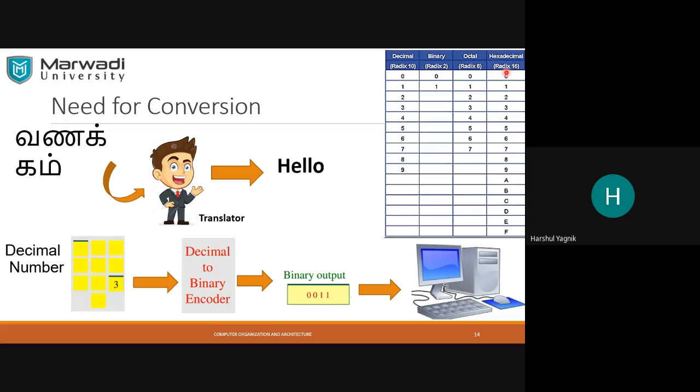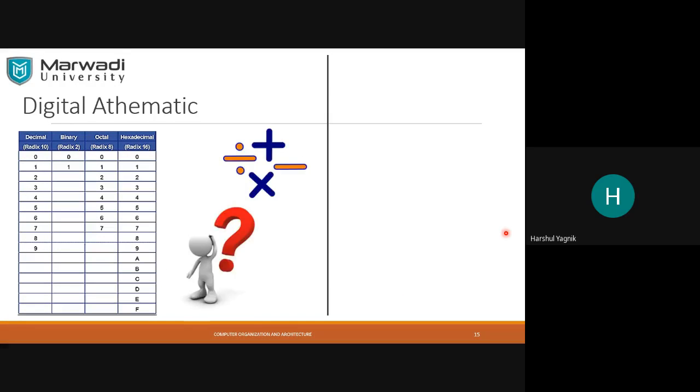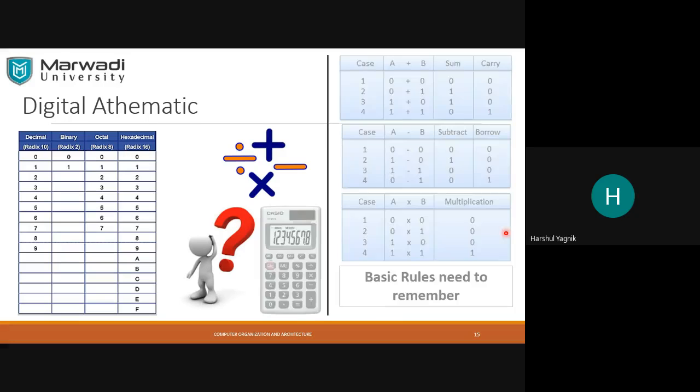The numbers start with 0, go up to 9, and then 10 is represented by A, 11 by B, 12 by C, 13 by D, 14 by E, and 15 by F. So numbers start with 0 and go up to F. 16 different digits in the hexadecimal system. This plays a very important role in data representation.